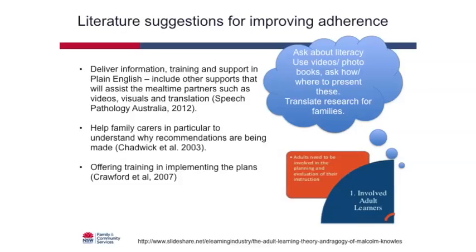So if we have a look at what the literature suggests in terms of strategies for improving adherence, Speech Pathology Australia talk about delivering information around dysphagia intervention, the training and support for that in plain English, and to include other supports that will assist the mealtime partners, such as the use of videos, visuals, and translation.